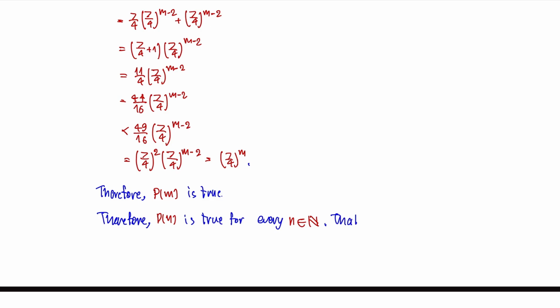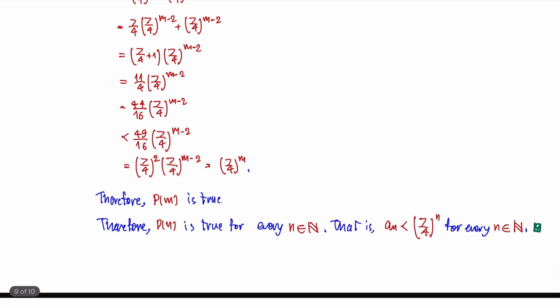That is, a_n, which is the Lucas sequence, is less than (7/4) raised to the power of n for every positive integer n. All right, and that's what we have right here.